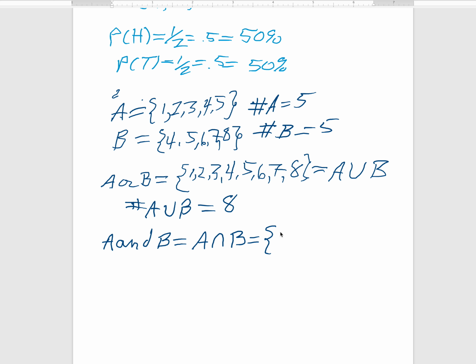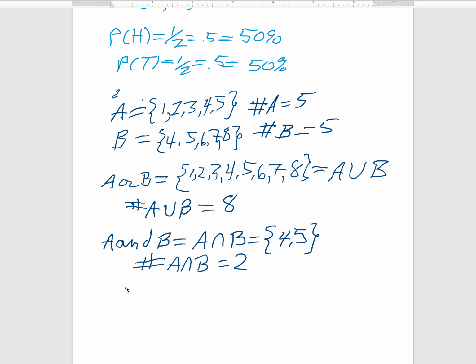Well, the only elements they both have are 4 and 5. There's no 1, 2, or 3 in B. And there's no 6, 7, or 8 in A, so that's it. The number of elements in A intersection B equals 2.